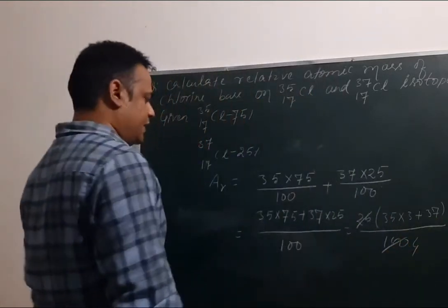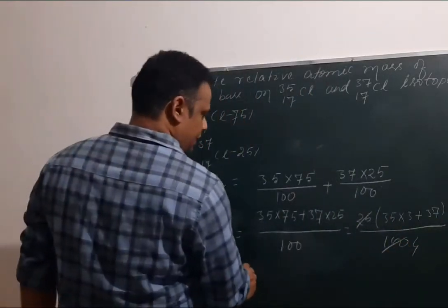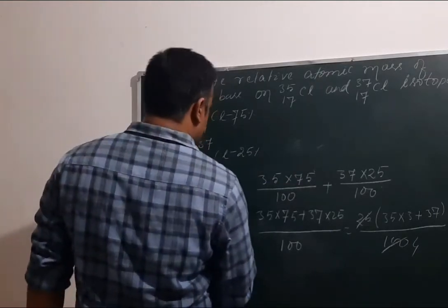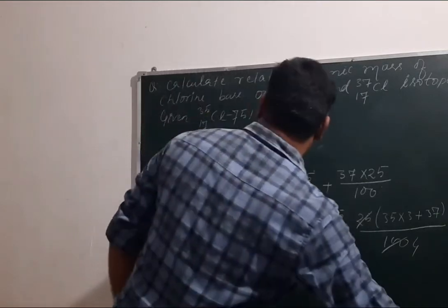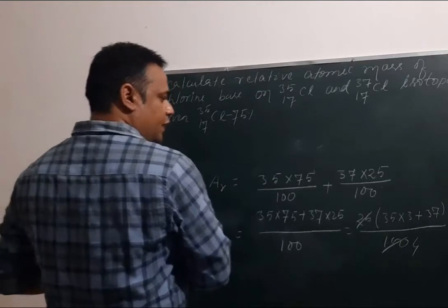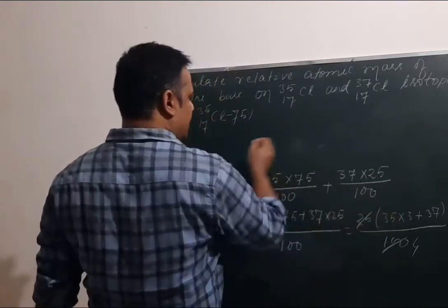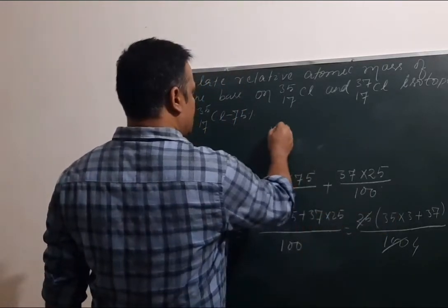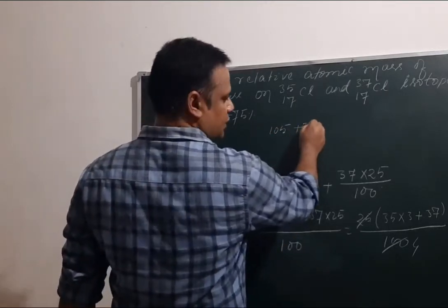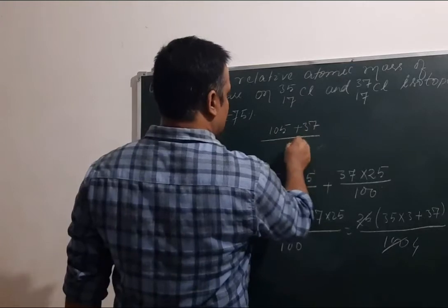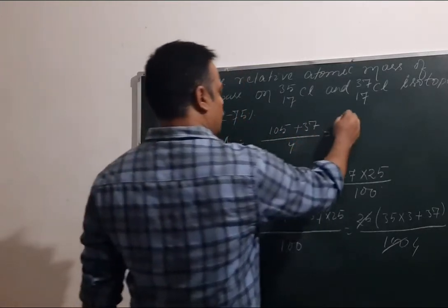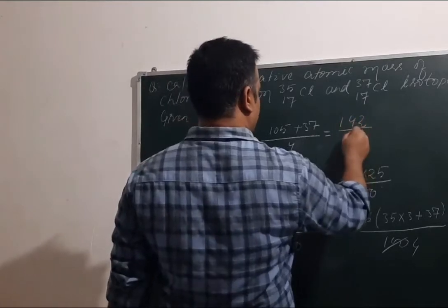The 25 divides 100 four times. If we multiply and add, 35 into 3 is 105, plus 37, divided by 4, equals 142 divided by 4.